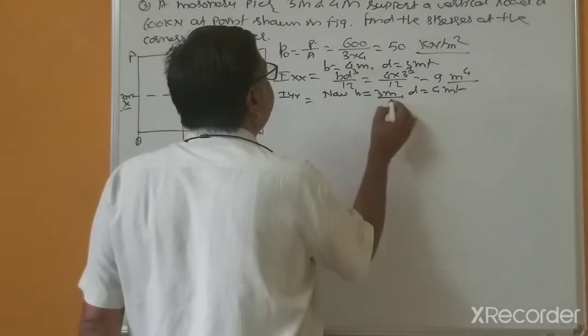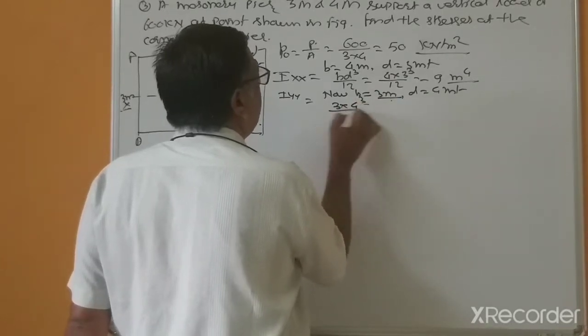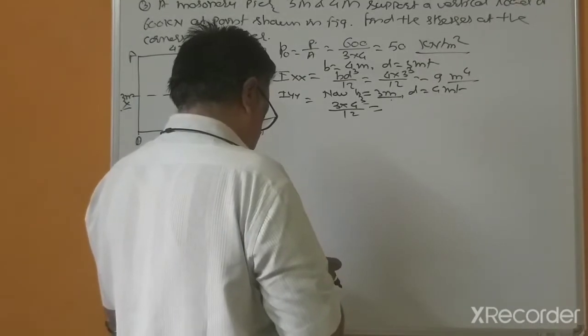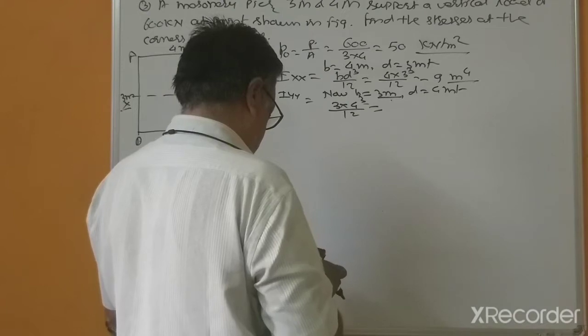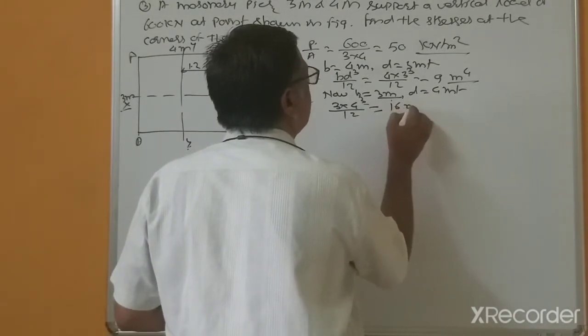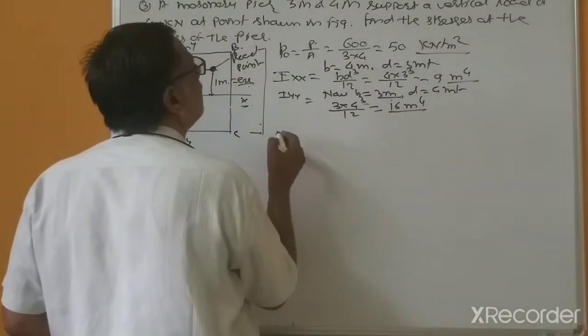Now B equal to 3 meters, 3 into 4 cube divided by 12. This is equal to 16 m raised to 4.